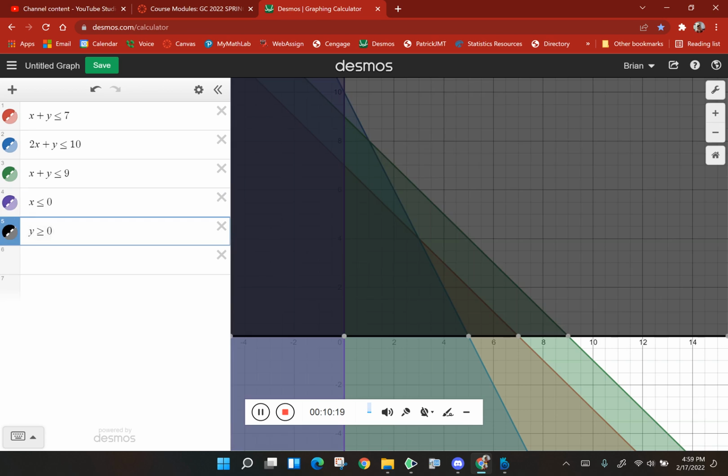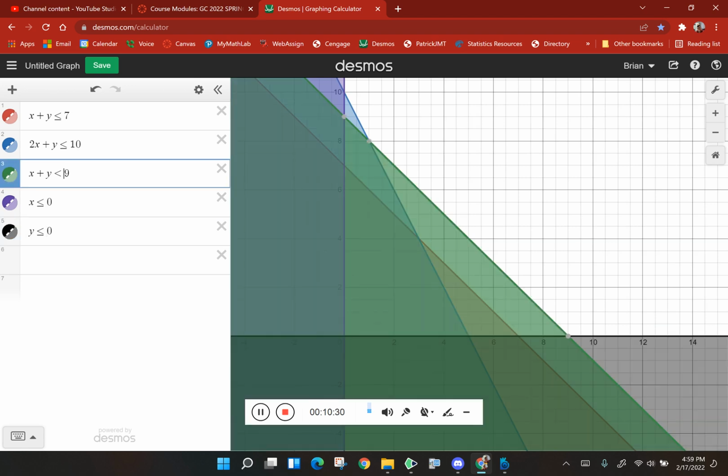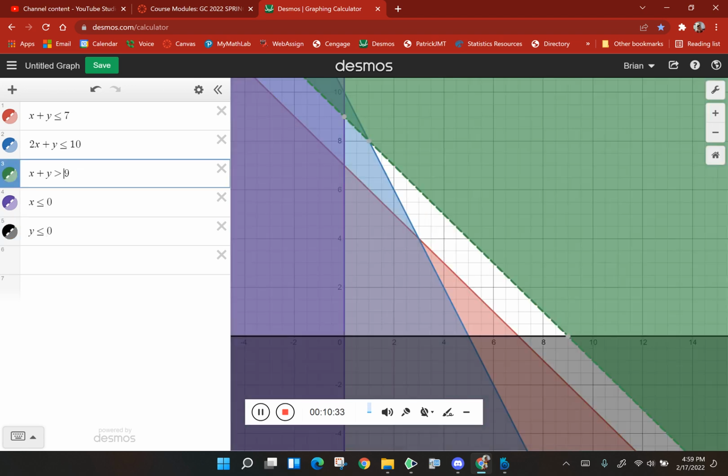And then the last one we want greater than or equal to 0, so I'm going to have it shade less than or equal to 0. Did I get all that right? No, this one should be greater than or equal to 0. There we go. And now, when I look at my picture, the part that isn't shaded is my feasible region.